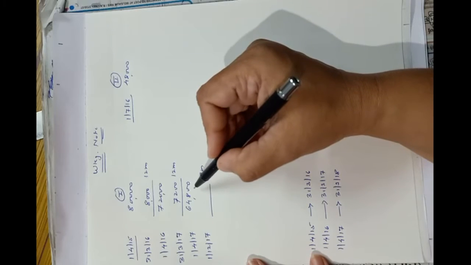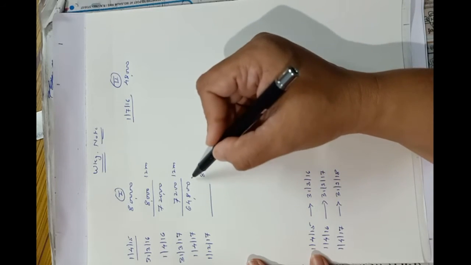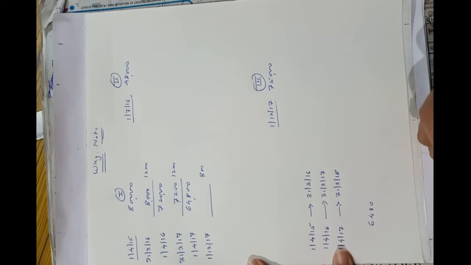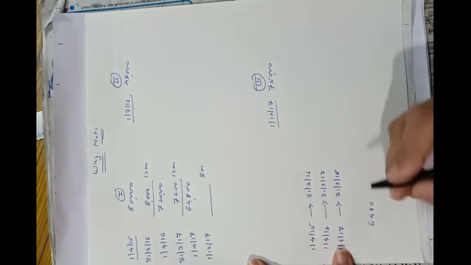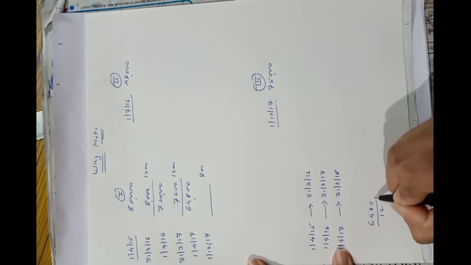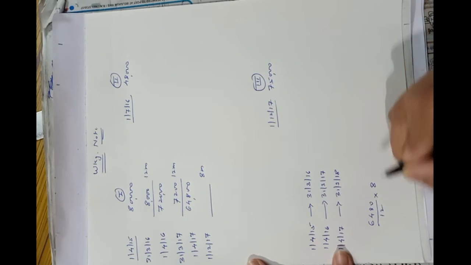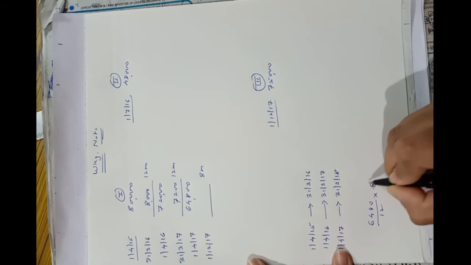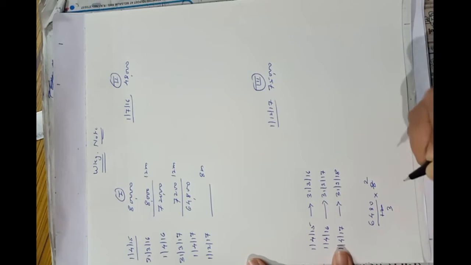Full year's depreciation will be 10% of 64,800, that is 6,480. This is for the full year, that is for 12 months. So divided by 12 into 8 we have to do, so that we can calculate the amount of depreciation. Okay. So I can divide by 4, 4 2s are 8 and 4 3s are 12.